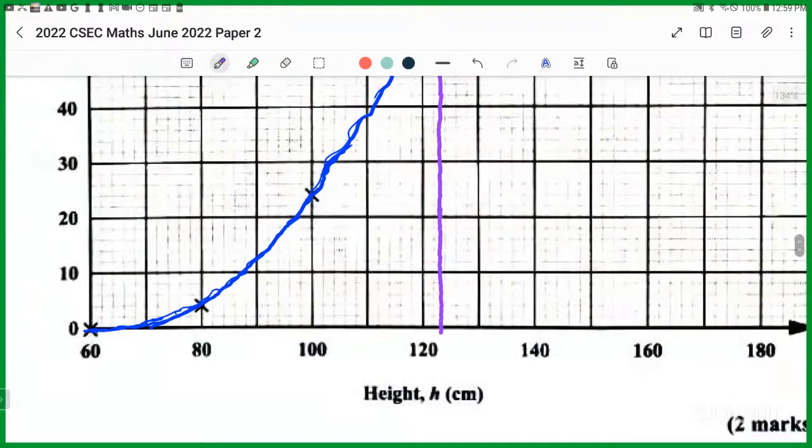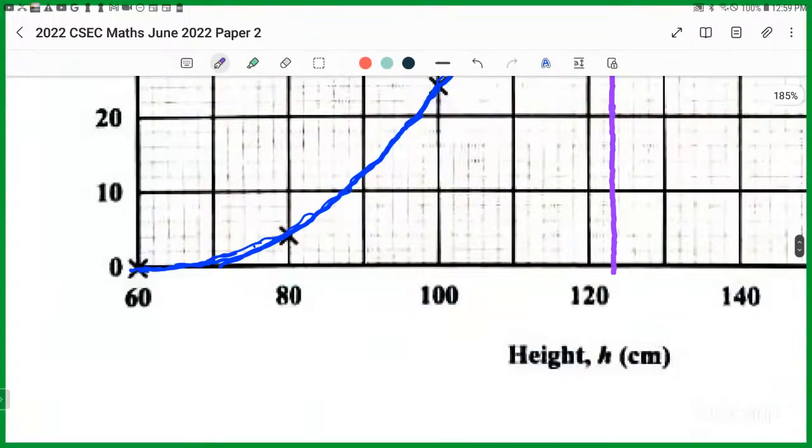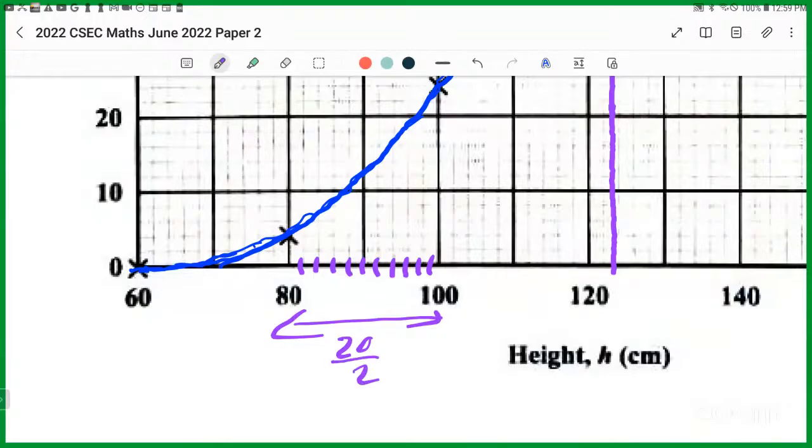Let's get a scale on here now. On the horizontal axis, there are 10 of these lines, 1, 2, 3, 4, 5, 6, 7, 8, 9, 10 over an interval of 20. Each line is 20 divided by 10, which is 2. So each of those little lines is 2.